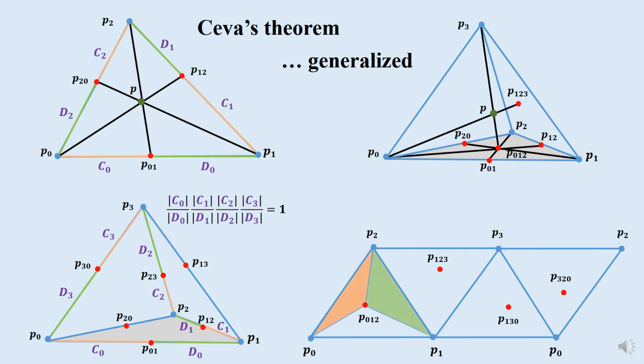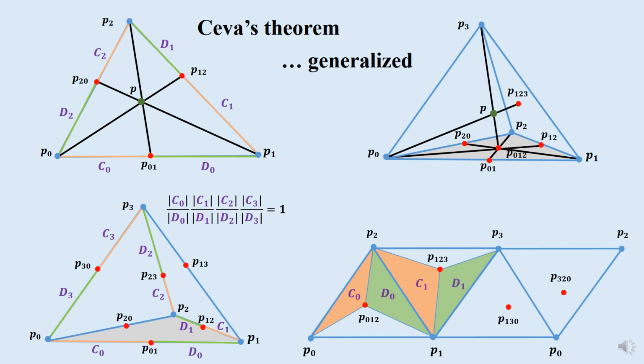Let's take this pair. So here is a pair of cells, the orange and the green, call them C0 and D0, which are created by the foot P012 in the face P0, P1, P2. And here are 2 cells, now 2-dimensional cells in the 2-dimensional face of the tetrahedron, and they are generated by P123.